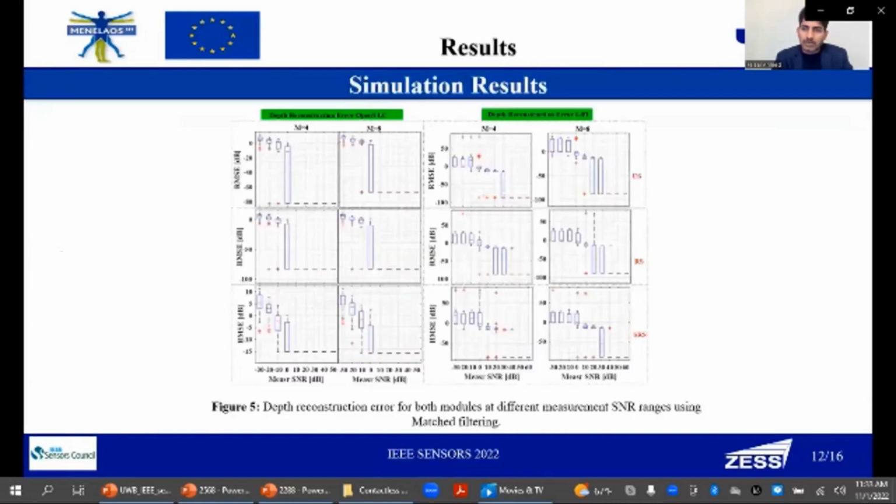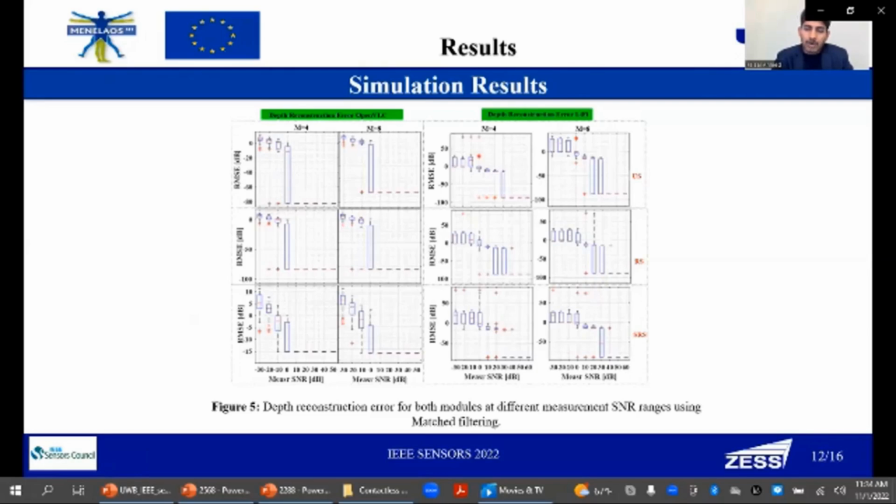These are the simulation results where we use two modules, OpenVLC and Li-Fi, and we attempted to achieve high accuracy with the minimum number of samples, exploiting different sampling approaches: uniform random sampling and sparse ruler sampling. Here you can see that we attain a minimum or negligible error rate in comparison to the different sampling approaches.